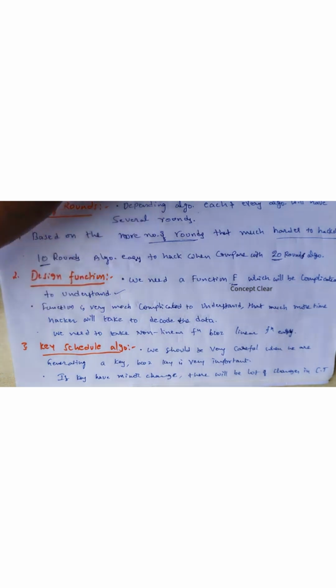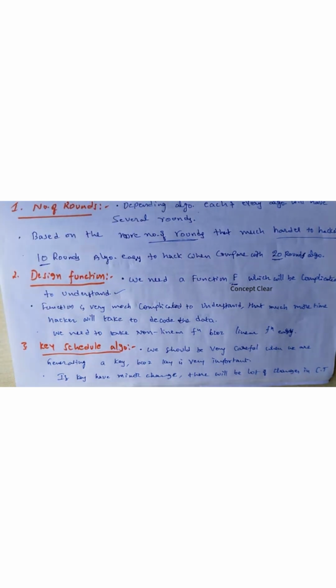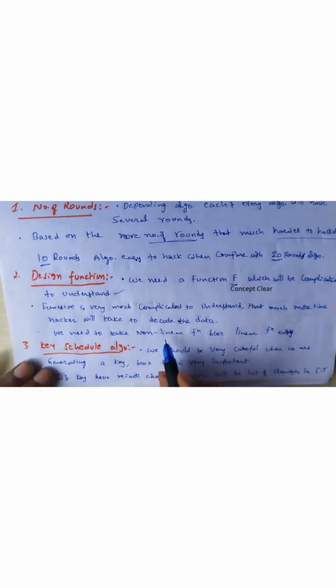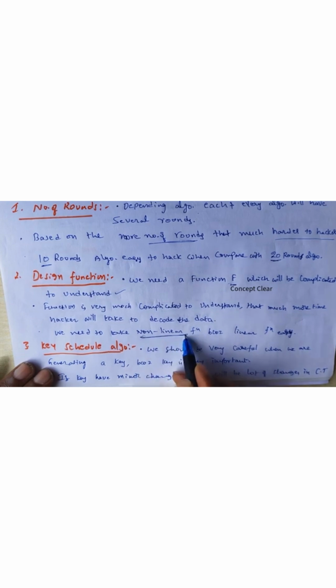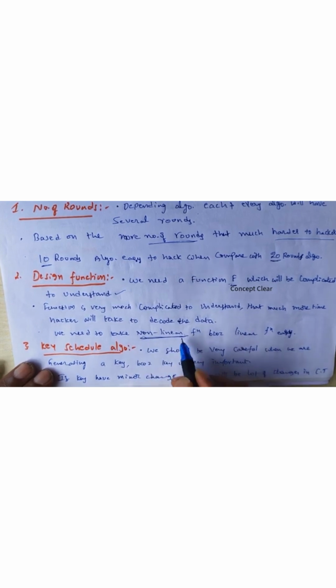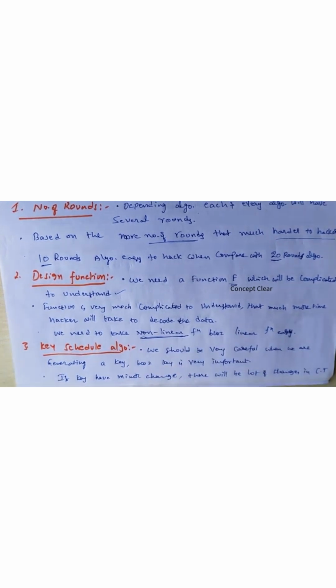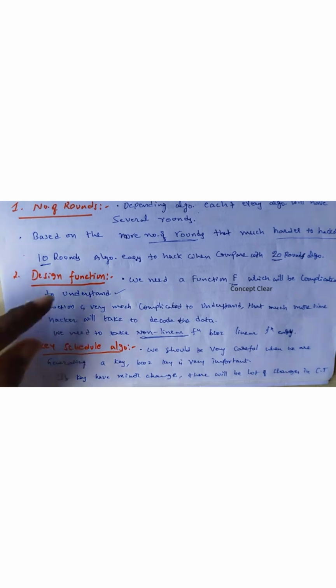Generally, we need a function to perform some operations. Whatever function we are taking, it should be more complicated. If it is easy, then a hacker will hack our message very easily. Generally, we will take non-linear functions. By comparing linear and non-linear functions, we will take the non-linear functions to perform the operation, as well as in the design of the function.